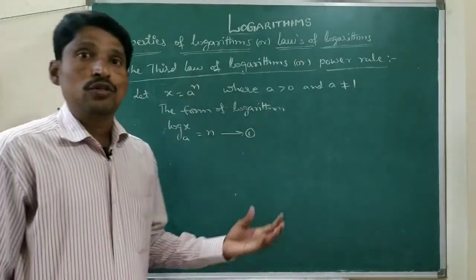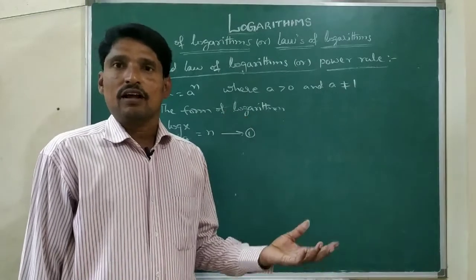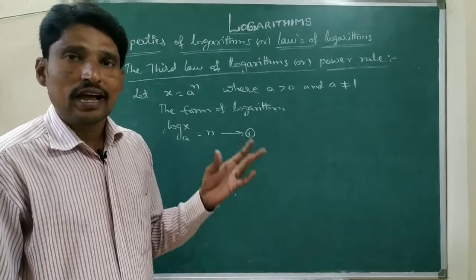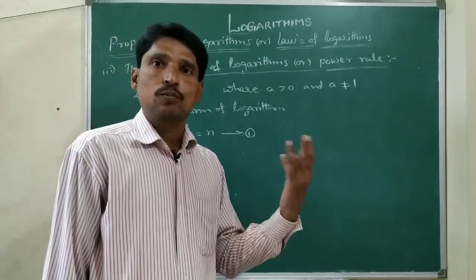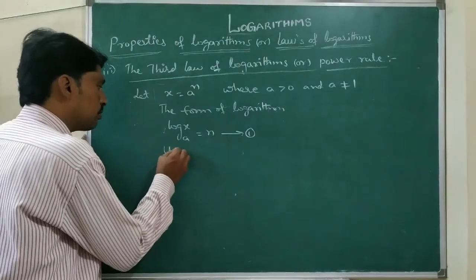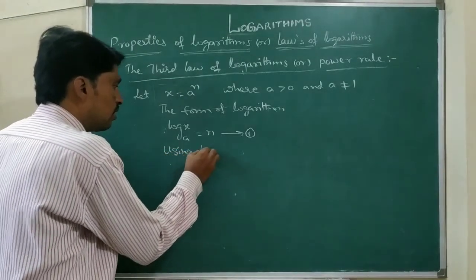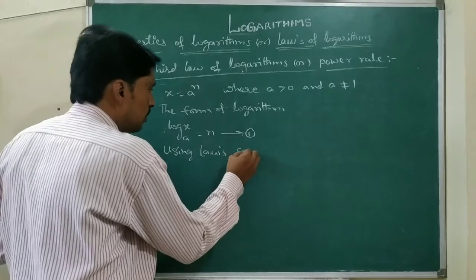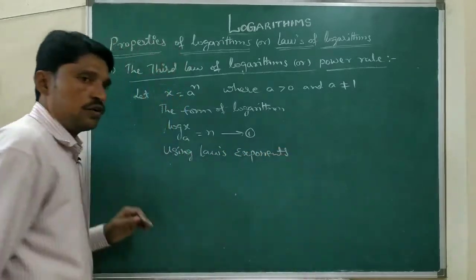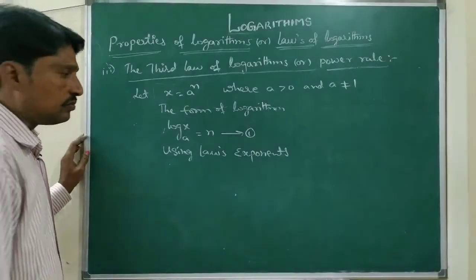Here also we can use exponent laws. Already we know the first law and the second law also used the exponent laws. Here also we are using the laws of exponents. So which law do we have to use here?